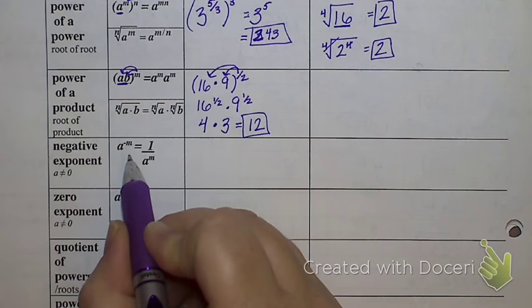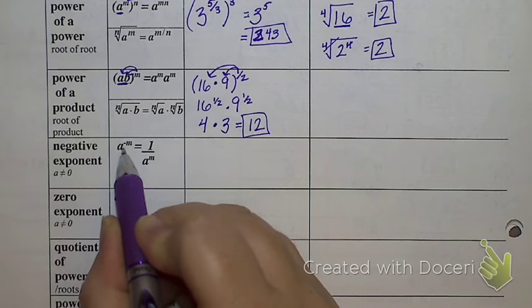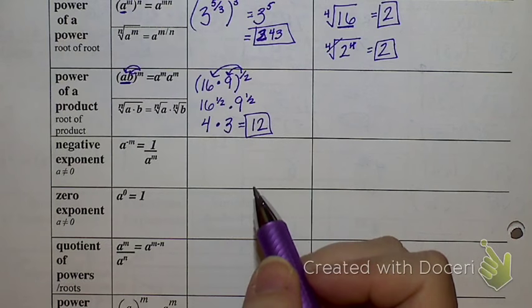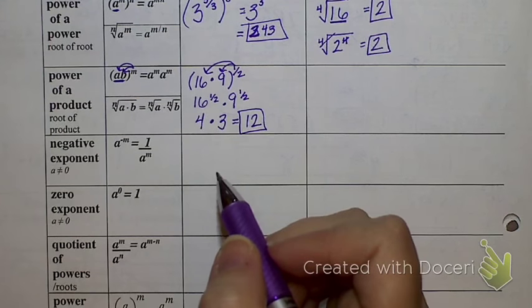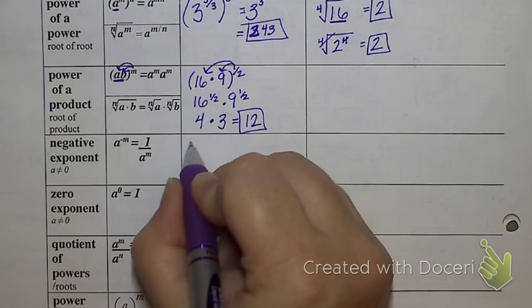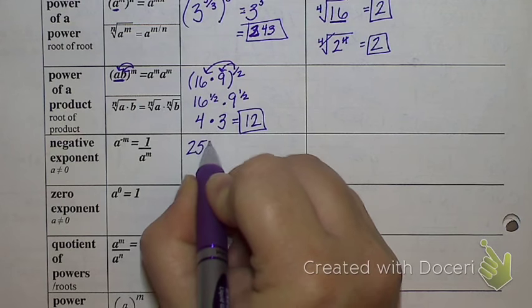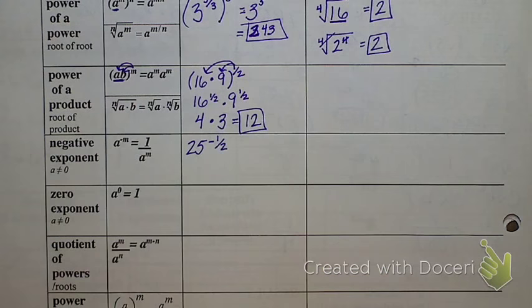Negative exponent, we talked about this one a lot the other day. Negative exponent does not mean anything becomes negative. What does it mean? It becomes a fraction. So if I have 25 to the negative 1/2 power, I cannot tell you how many times people say the answer to this is -5. And I can see where you might make that mistake, that -5 seems logical. We cannot make something negative just because it has a negative exponent.